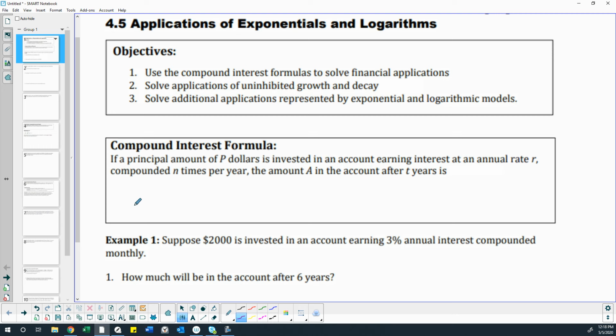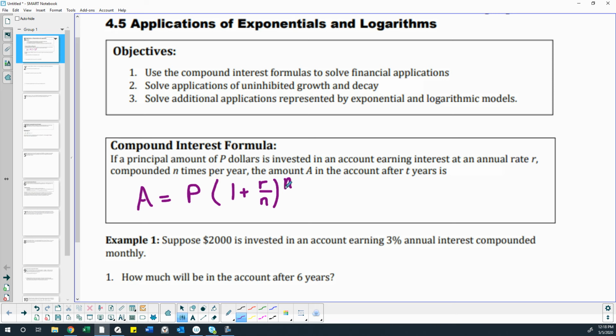Okay, so our formula for compound interest is A equals P times (1 plus r over n) to the power n times t. A is for amount, P is for principal. R is the rate as a decimal, not as a percent. N is the number of times we compound in a year.